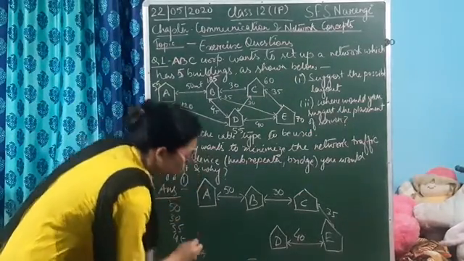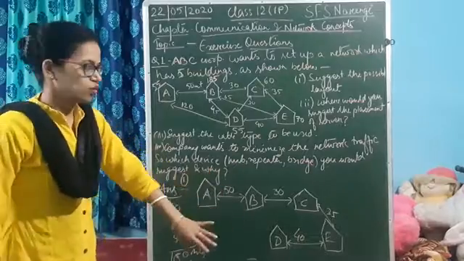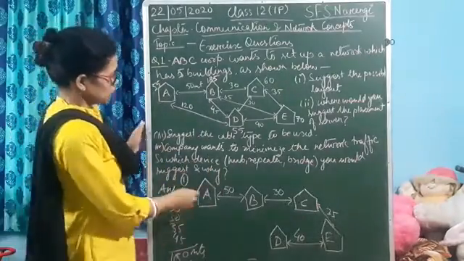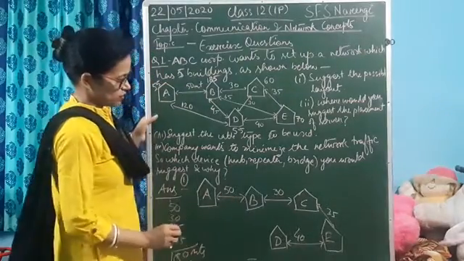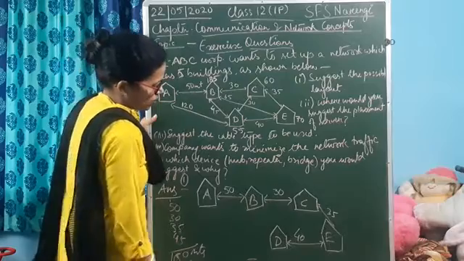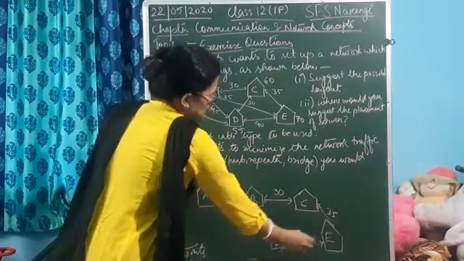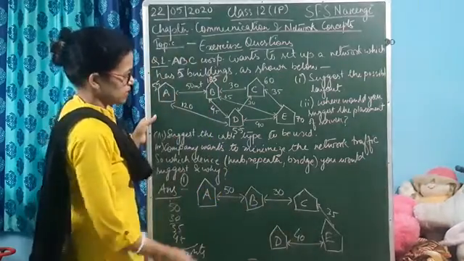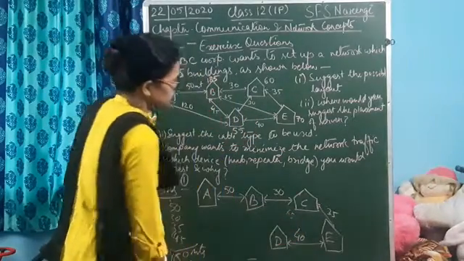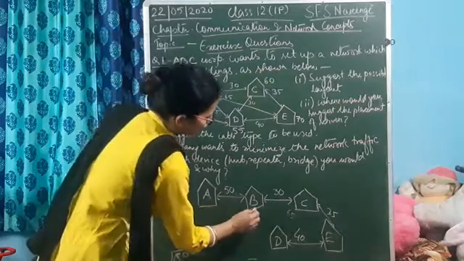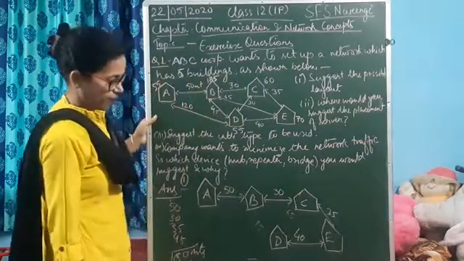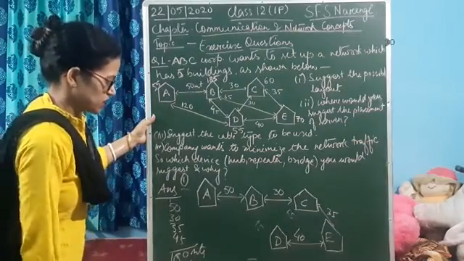Now if you can give me another layout where the costing will be less, then that will be the most suitable one. Suppose A and B I have to connect in this way only. B and C I have to connect in this way only. Now B and E also can be connected, but if B and E are connected, this will become 65, and if B and D are connected, this will become 45. This way also we can connect.